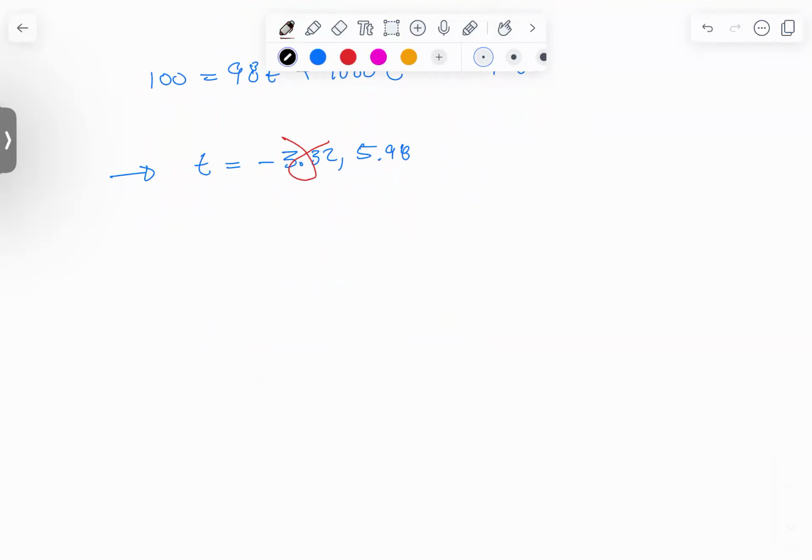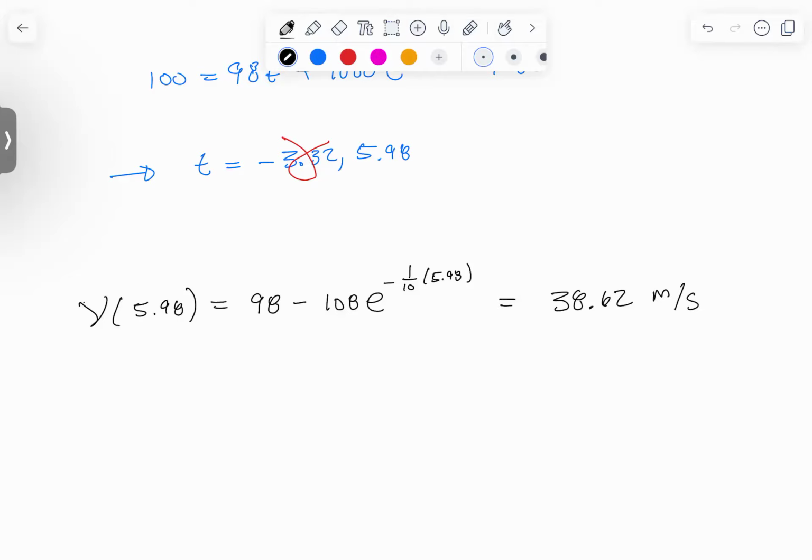We were then lastly trying to find the velocity. So that means v of 5.98 is what we're actually looking for. Just plug that in. 38.62 meters per second.